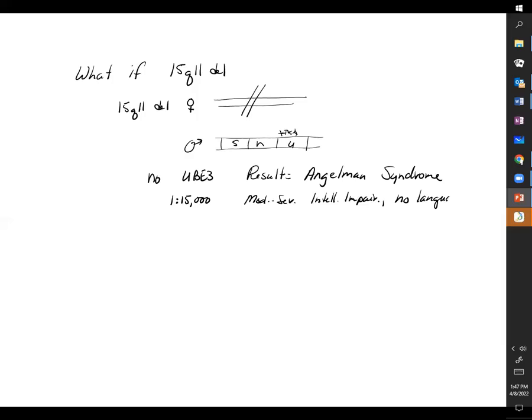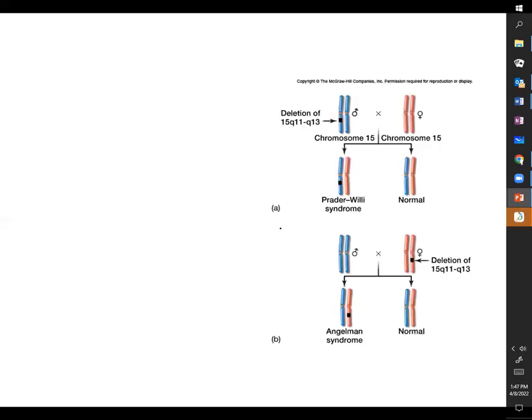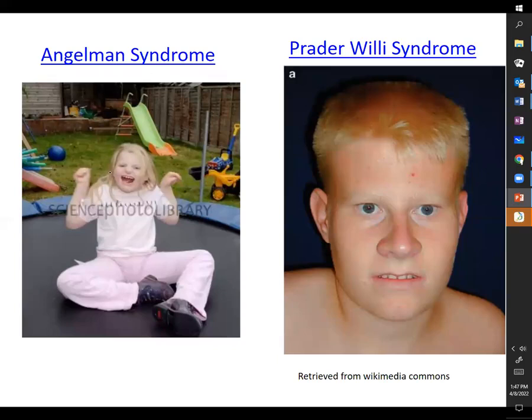So people with Angelman tend not to be verbal, and their facial features often show a smile, laughter sort of depiction. I've got a picture of a child with Angelman here. So this is a girl with Angelman syndrome, and there's sometimes hand flapping and stuff as well.